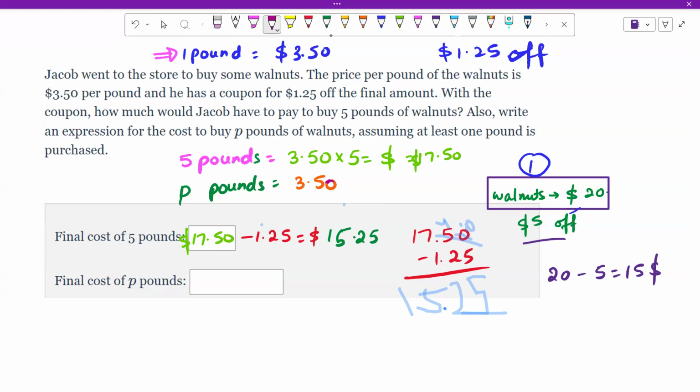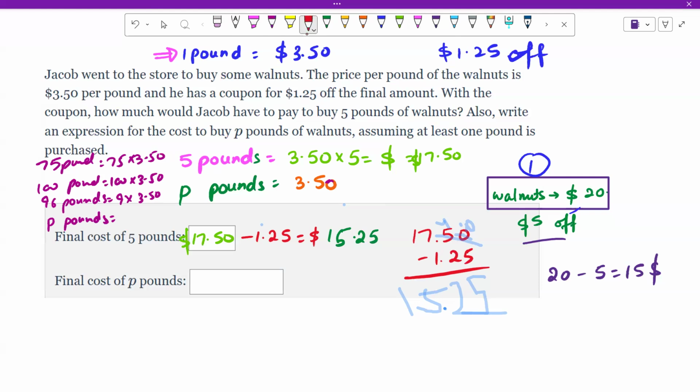If it is 75 pounds, you said 75 multiplied by 3.50. If it is 100 pounds, it is going to be 100 multiplied by 3.50. If it is 96 pounds, 96 times 3.5. So it's the same. We don't know just the value of p.